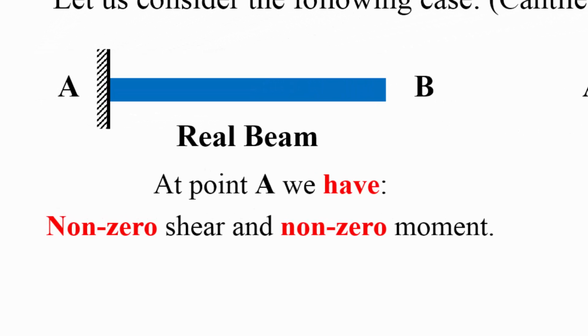On the real beam, I'm still talking about the real beam. At point A, we have non-zero shear and non-zero moment. Of course, it's a fixed end, so I should expect a reaction. It's either going up or down depending on the direction of the load applied on this beam. And because it's a fixed end, it should resist bending, right? So there is a non-zero moment.